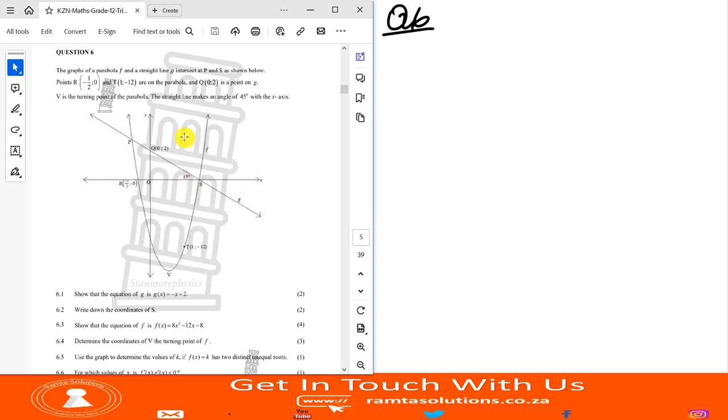Okay, so 6.1, I'm not going to give you a summary of these guys. I'm just going to proceed. So 6.1, they say, show that the equation of G is G of x equals -x plus 2. Easy, right? Gradient is m equals tan theta. That's what we know. This equation is given in your formula sheet. Okay? So m equals tan.